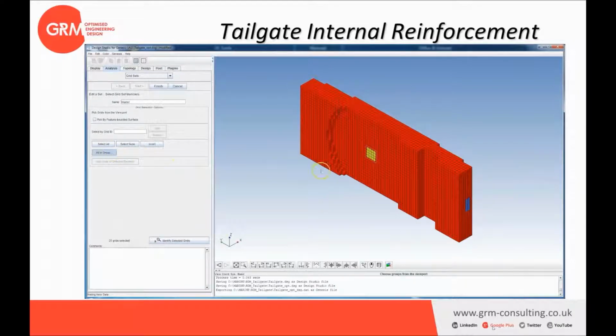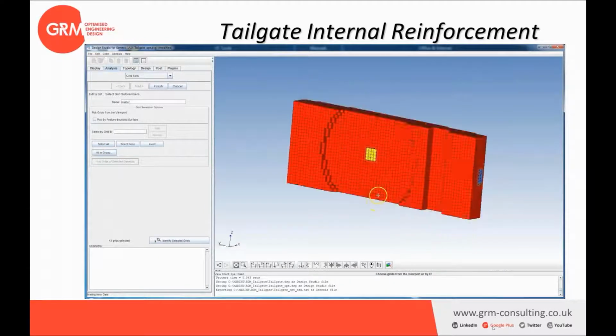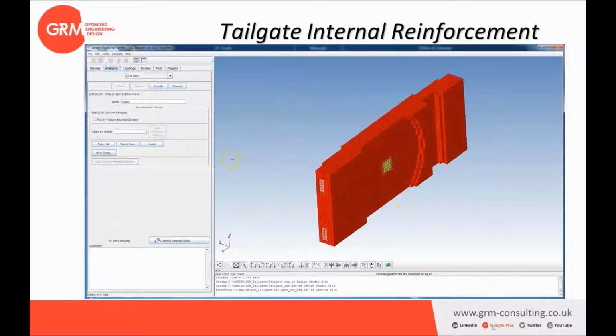The first set of nodes contains all the nodes from the pads, so we select all these nodes. And the second set will contain the RDM region.